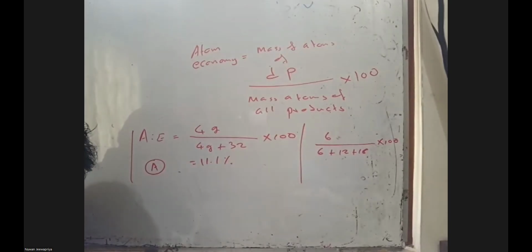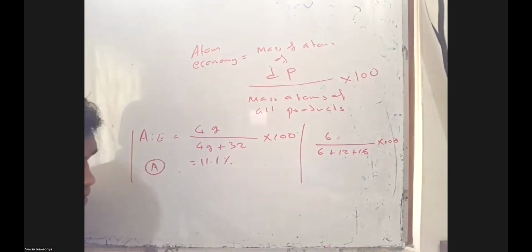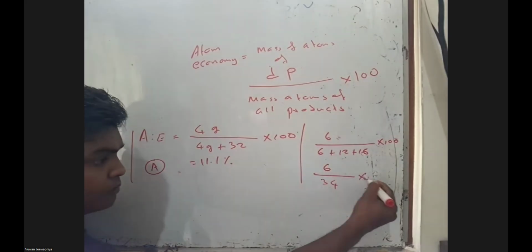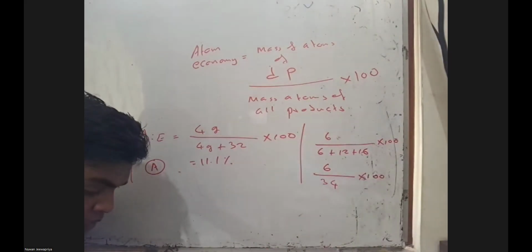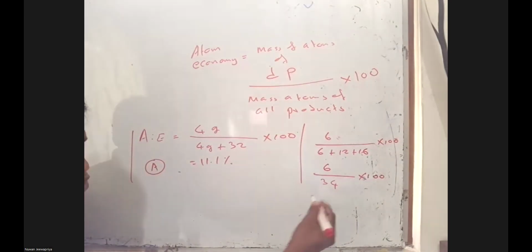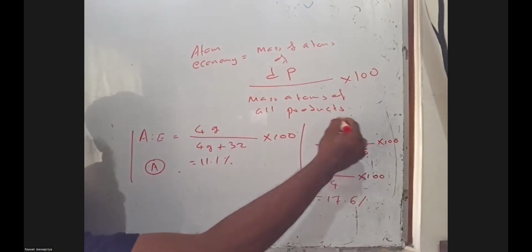So 6 divided by 6 plus 12 plus 16, that is 34, multiplied by 100. So 6 divided by 34 multiplied by 100 is 17.6%. That's the answer for B.